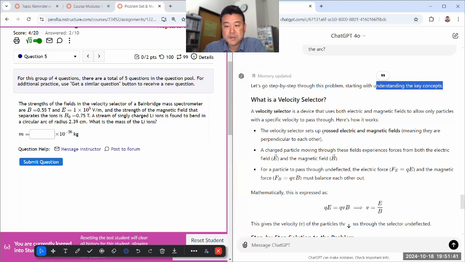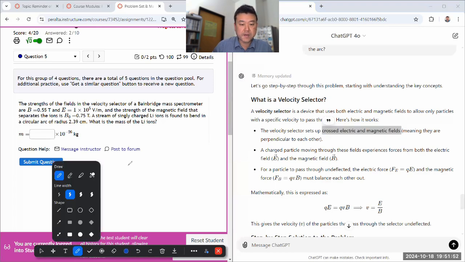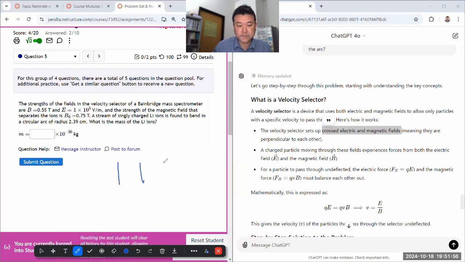How it works. Yeah, when it describes that, I hope you have an image in mind. This is the image you should have in mind. Imagine a region where you have like electric fields set up this way, going up. This could be set up with two infinite parallel plates, and then you would have magnetic fields to be perpendicular to this.